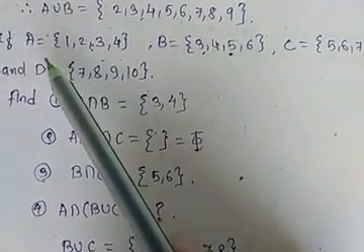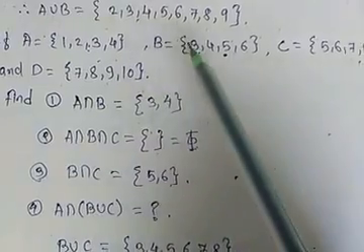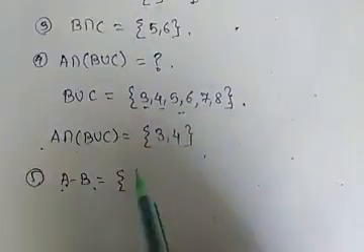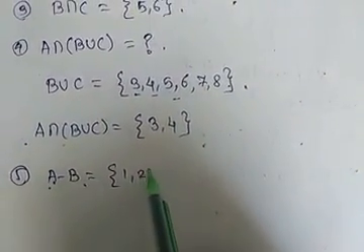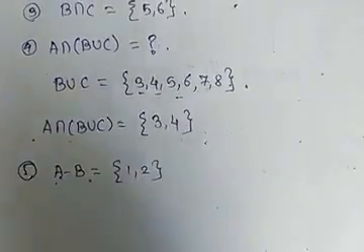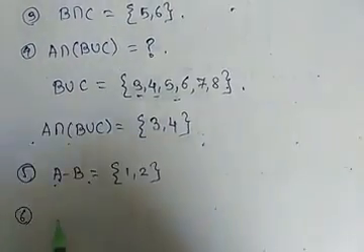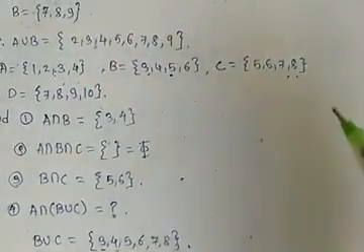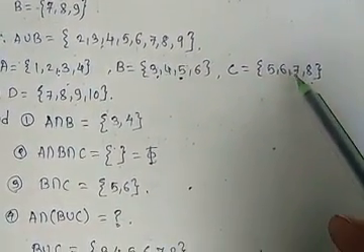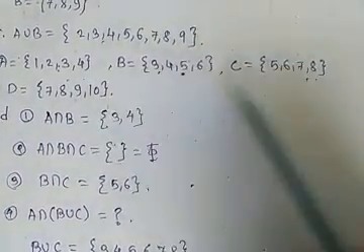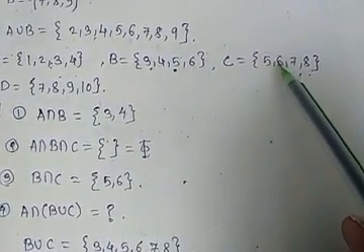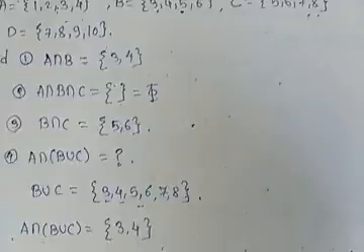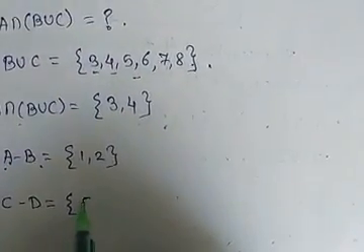So from A, 1 and 2 are not present in set B, so A minus B will be the set {1, 2}. Okay, if we have to find C minus D, the common elements from C and D are 7 and 8, and from C, 5 and 6 are not present in D, so C minus D will be {5, 6}.